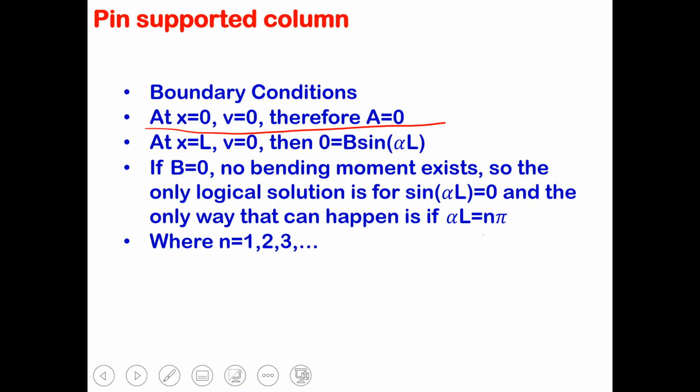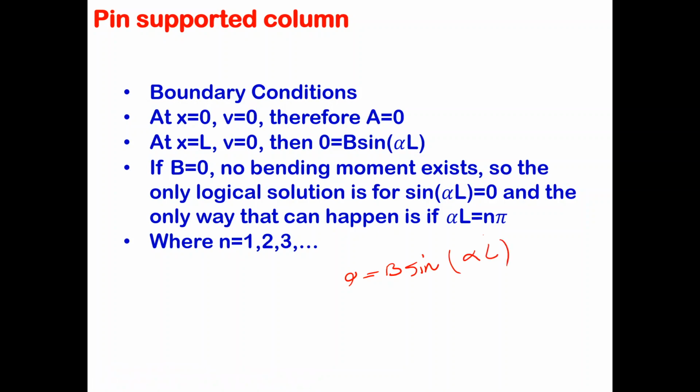Okay. Then using the next boundary condition, we eventually get to this term. V is 0 and x equals L, right? We can have two solutions to this: either B is 0 or sine of alpha L is 0.